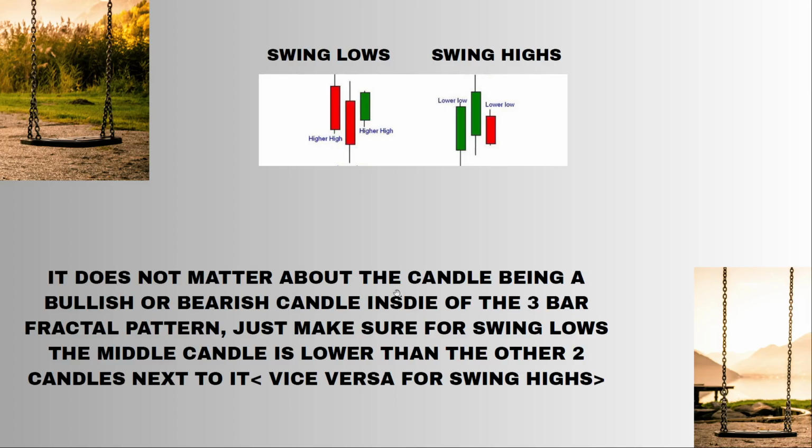It does not matter whether the candle is bullish or bearish inside of the 3-bar fractal pattern. As you can see, there are 2 bearish candles here and 2 up candles here. It doesn't matter the color or the up or down movement of the candle. Just make sure for swing lows, the middle candle is lower than the other 2 candles next to it. Vice versa for swing highs.